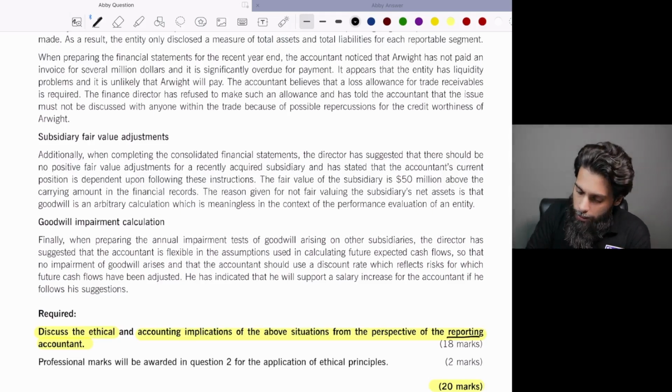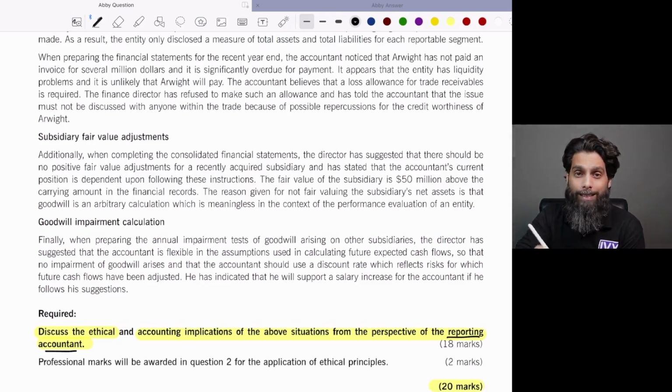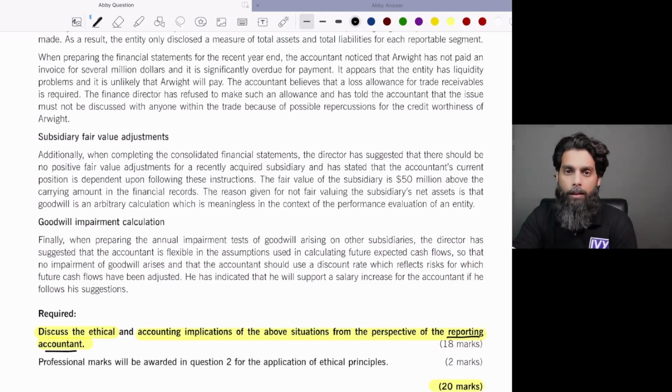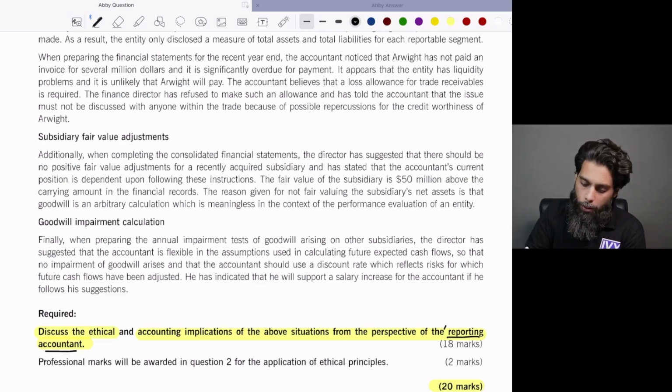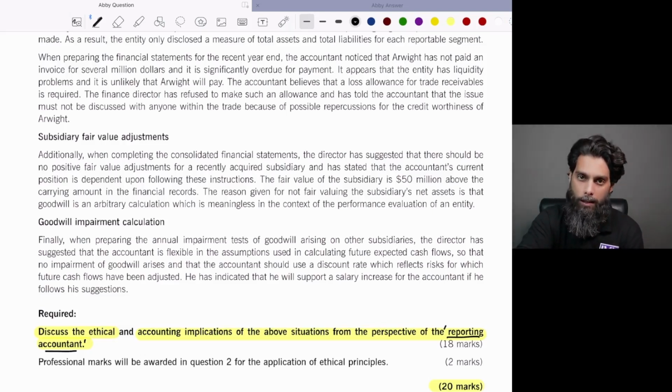He wants you to take the position of the reporting accountant, which is the subject in this case scenario, and discuss what the accounting implications are, how the accounting should be properly performed, and wherever you see any ethical areas in this scenario, you need to discuss the same. All right.